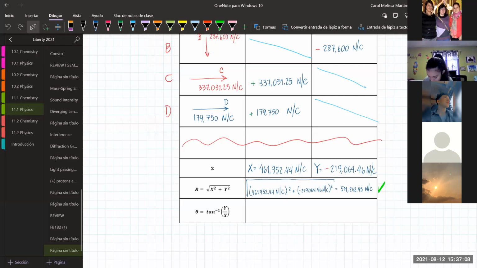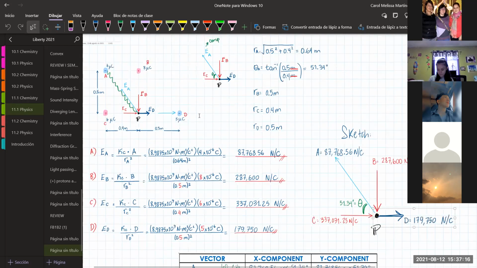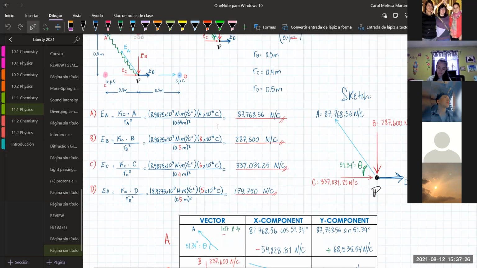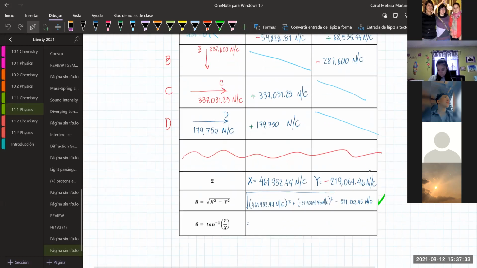And then the angle. As you can see, this procedure, guys, is the same procedure that we have been doing. The only difference is how the electric field behaves according to the sign of each of the charges, and also the formula changes. But the rest of the procedure is the same that we did before.